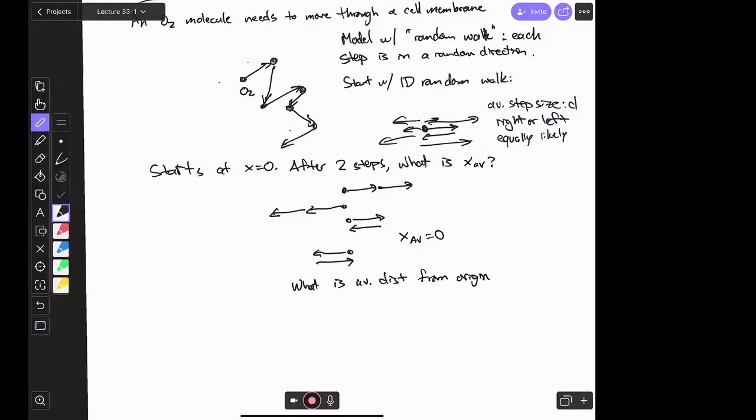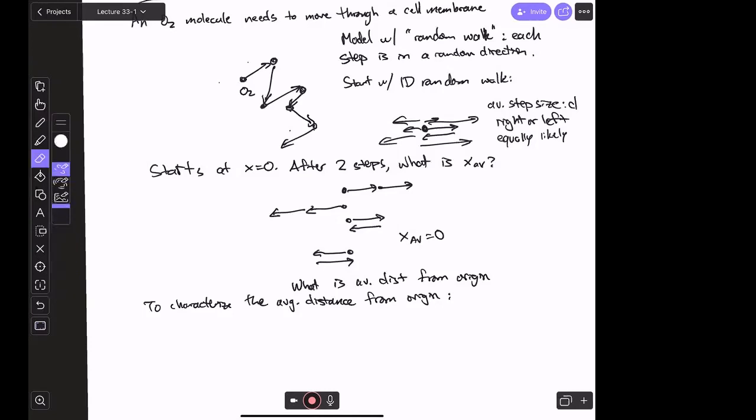So to characterize the average distance, and we don't care about whether it's plus or minus, from the origin, we use the mathematical trick that when you square a negative number, you get a positive number. And so we're going to square all the displacements.